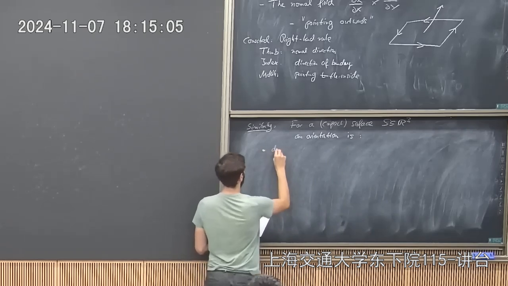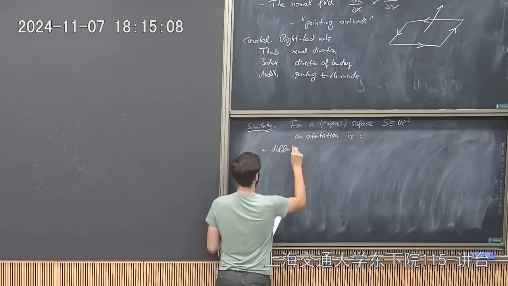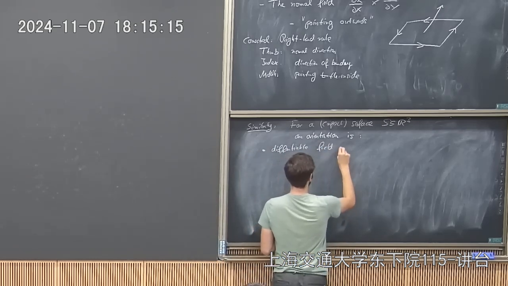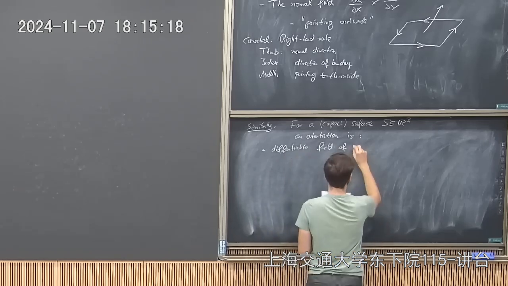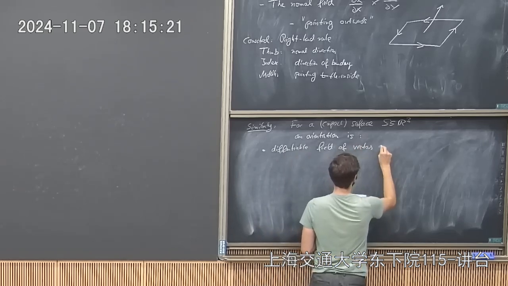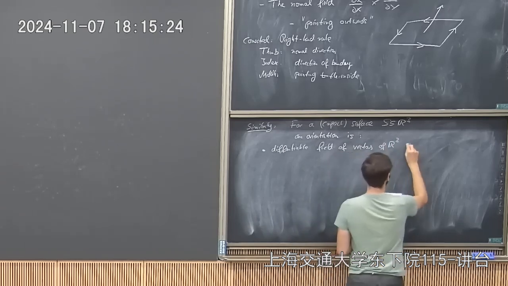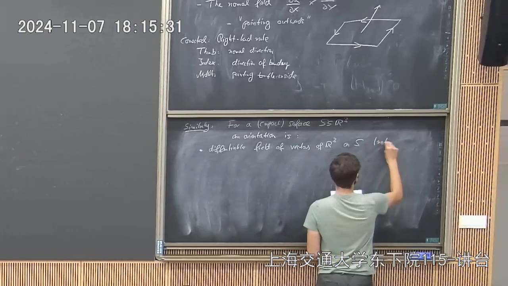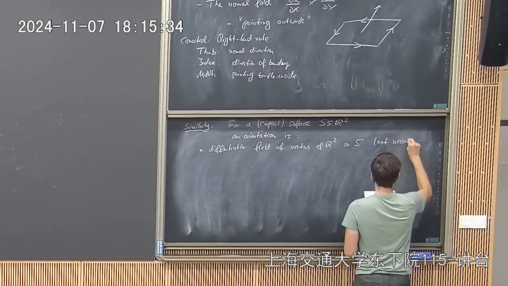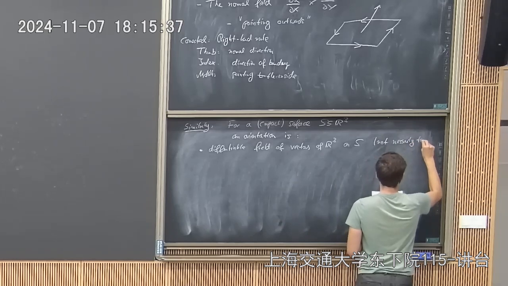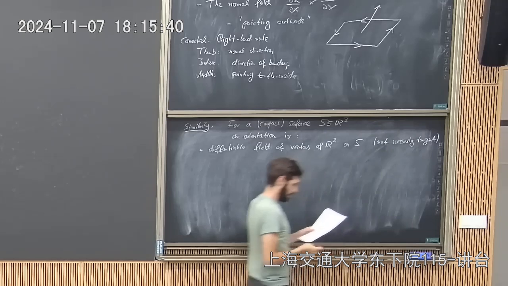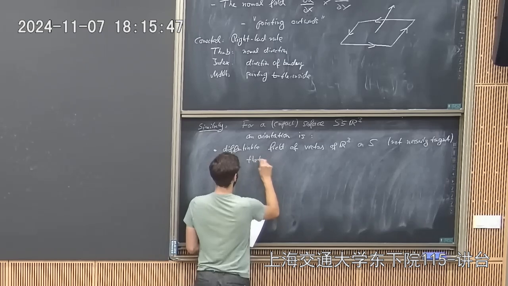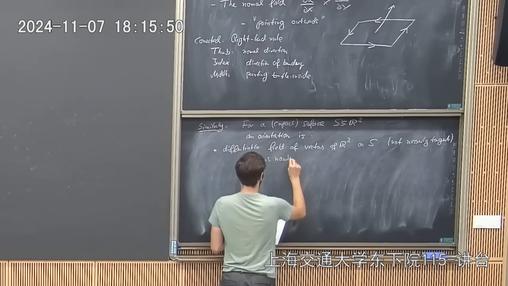I will think of that as a differentiable field of vectors of R3 on S, which are not necessarily tangent, and we want that to be nowhere vanishing.